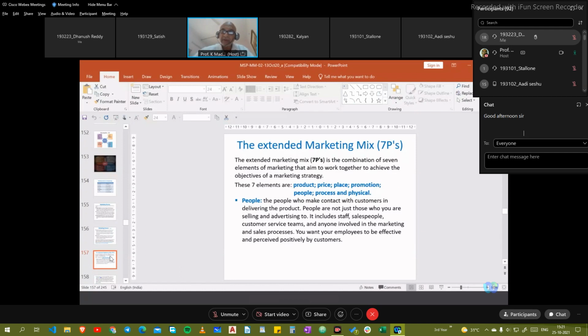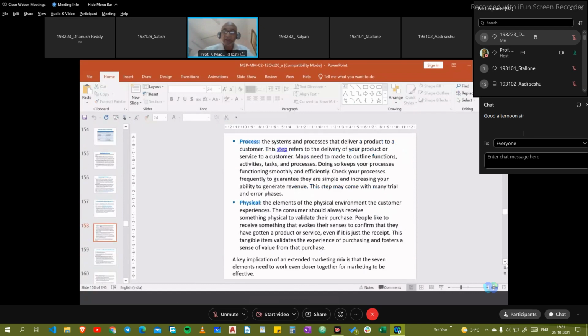So how we motivate them, how we take them with us, harmonizing the individual goals with the goals of the organization is what we mean here. So we want our employees to be effective and to be perceived as positive by the customers. So this is the fifth P that we are talking about.